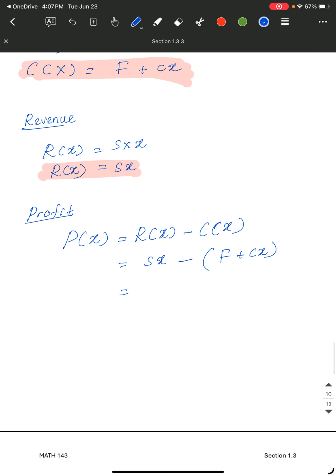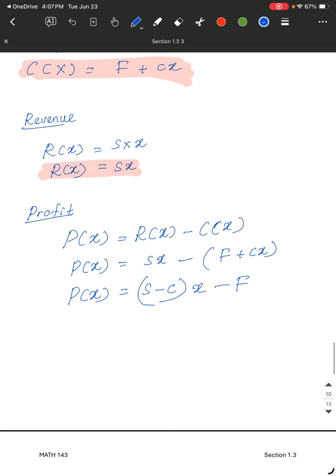Then simplify: S minus C times X minus F. That is the profit function, right? So here is the general linear model for the profit function.